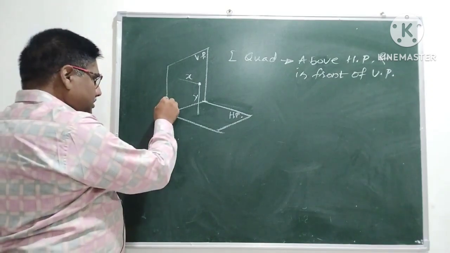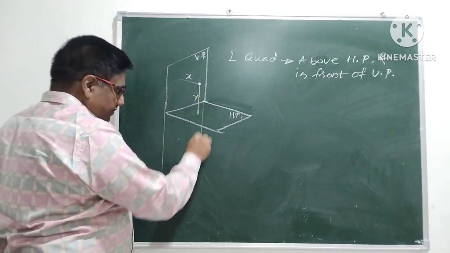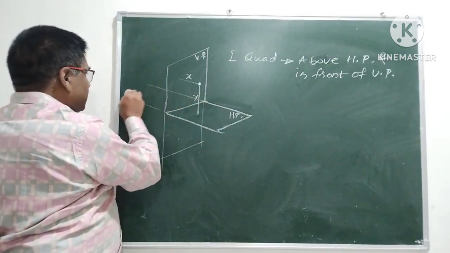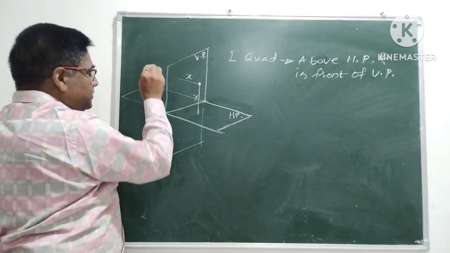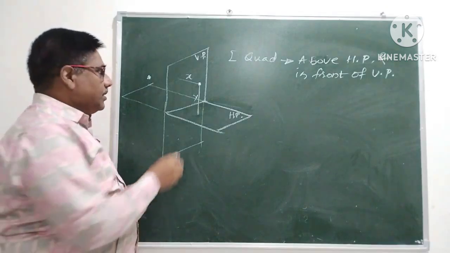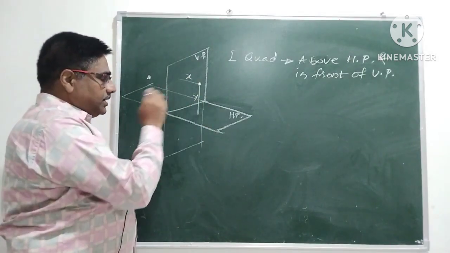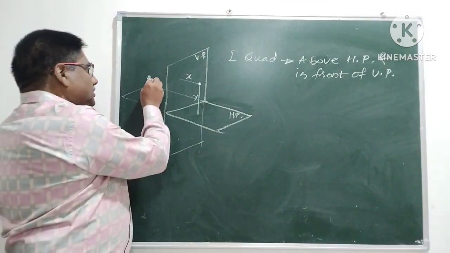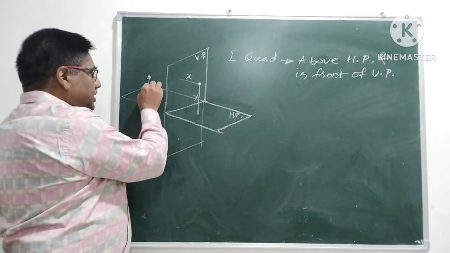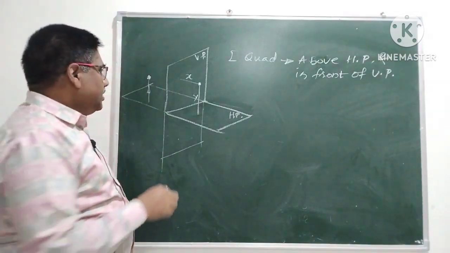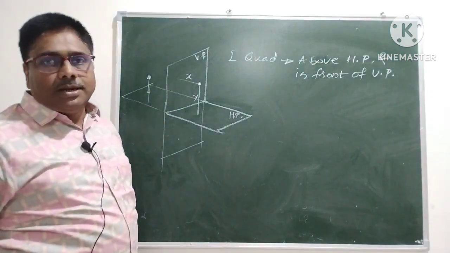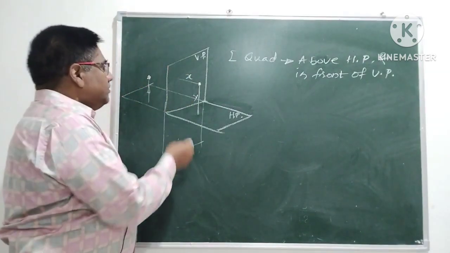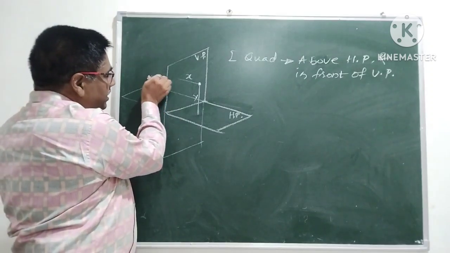Now let us consider a point in the second quadrant. If I place a point in the second quadrant with reference to these two planes, how do we specify this point? There will not be any change in the vertical distance specification, that is the point is so and so many millimeters above HP, but there will be a little difference in wording.